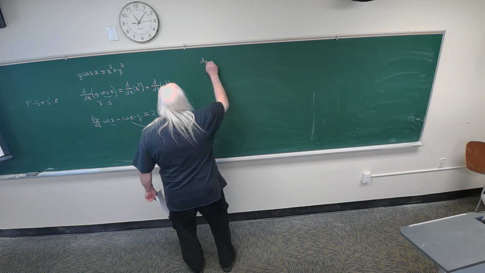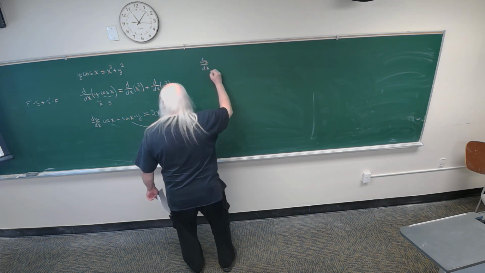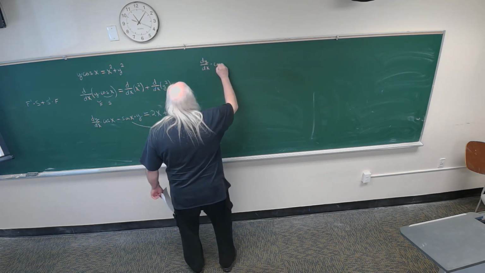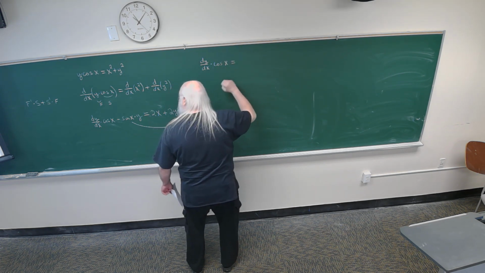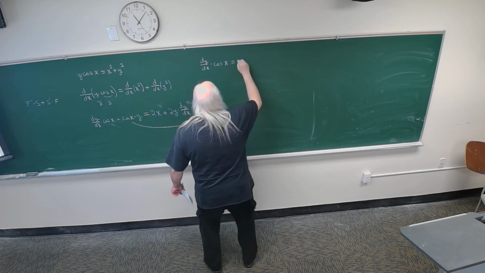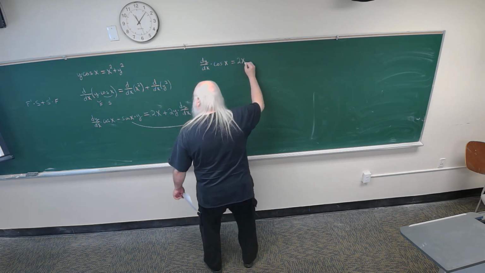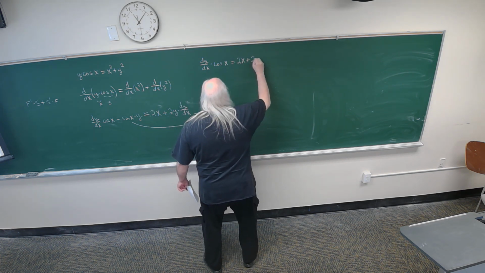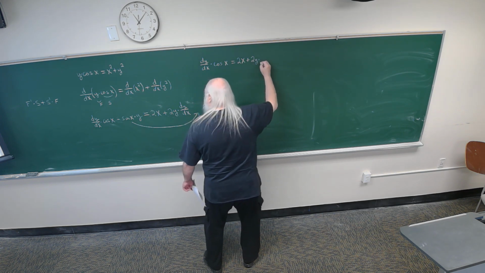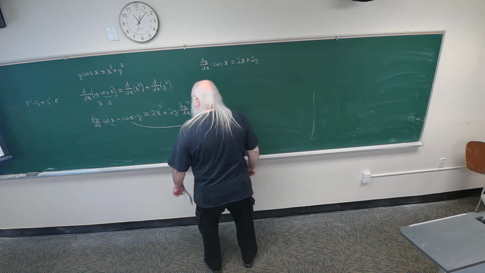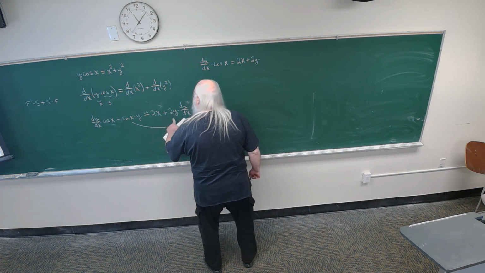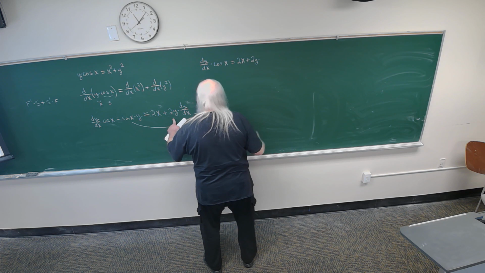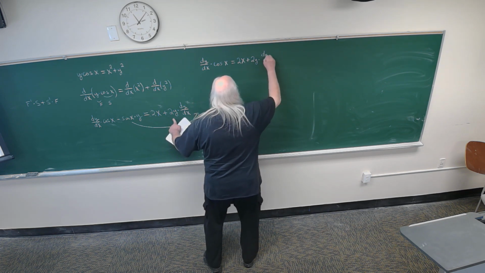We have the derivative of y with respect to x times the cosine of x is equal to 2x plus 2y times the derivative of y with respect to x, right?